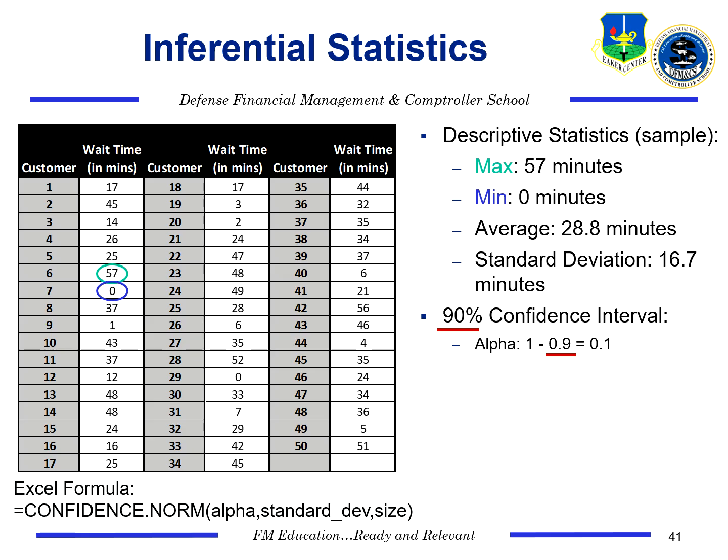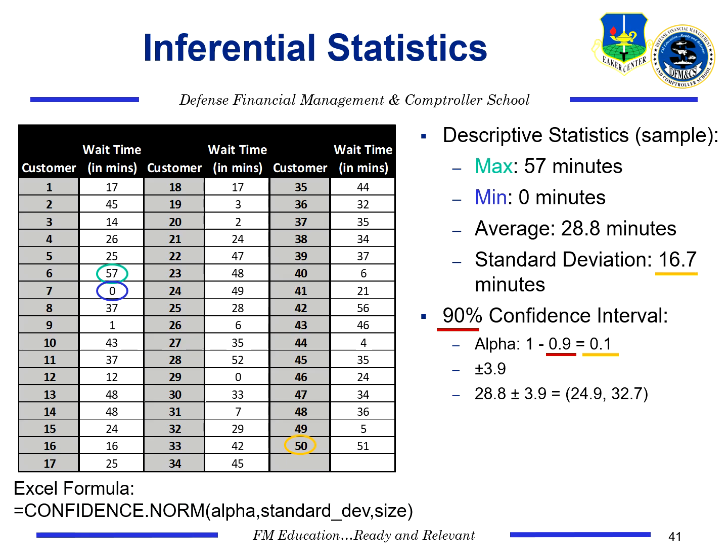So then our confidence calculation down here in Excel, now we have all the different parts of it. We can plug in our alpha, our standard deviation, and then the size of the sample, and it will give us 3.9.